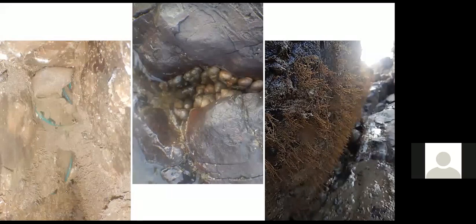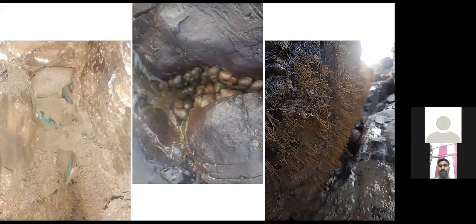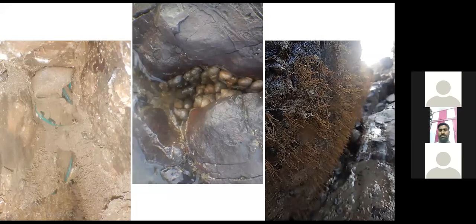This is a species preferring the underside of the boulders or the underside of the pebbles to cope with the environment.